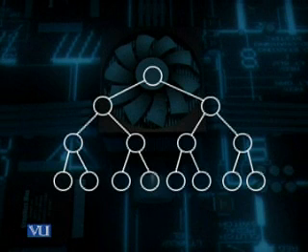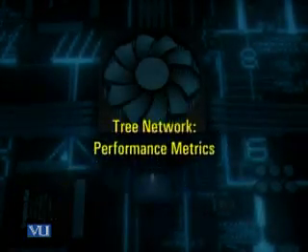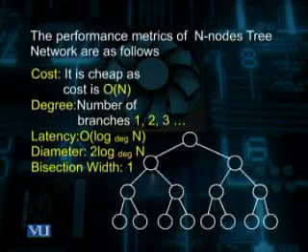Here you can see a binary tree structure which has 2 branches of the root node, and all branches have 2 sub-branches.